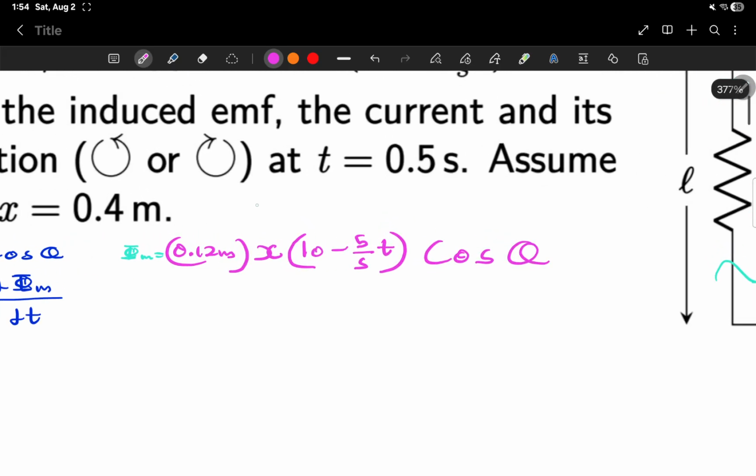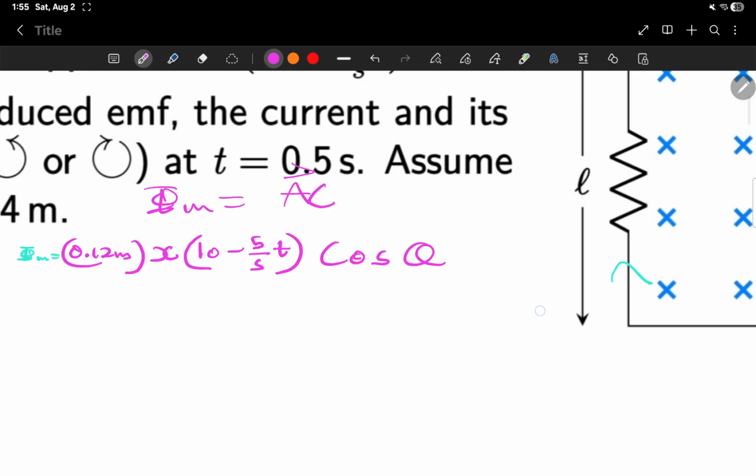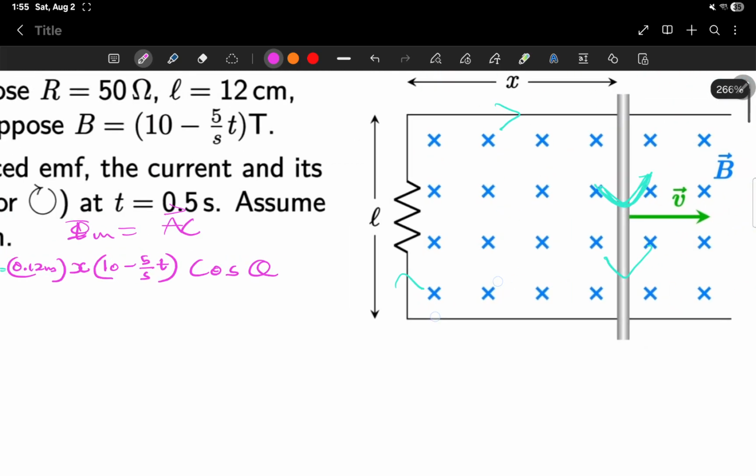Now, the way my teacher taught me the equation for magnetic flux is that the area vector has a normal vector. We basically call the area vector and the normal vector the same thing. In my class, my teacher used the normal vector, but they're the same thing. The area vector always points perpendicular to the loop itself, perpendicular to the actual area.